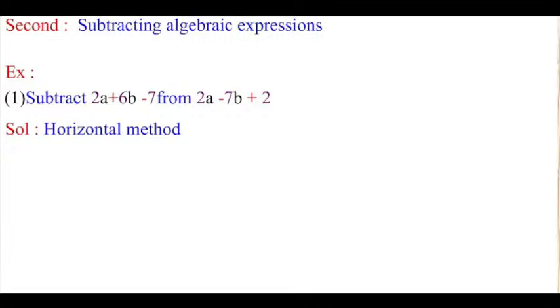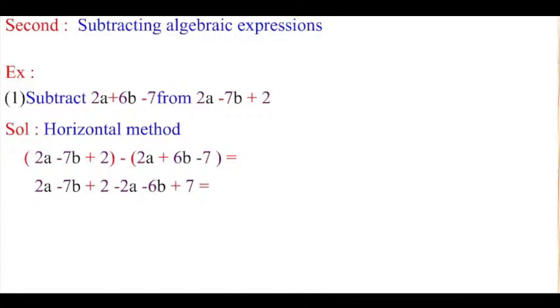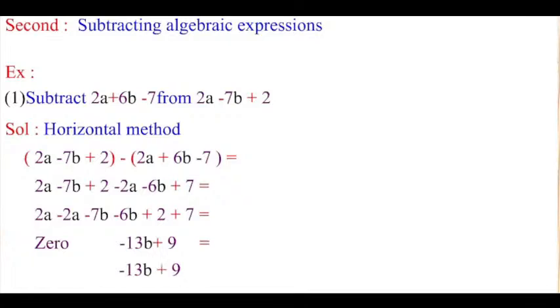Solution, horizontal method. 2a minus 7b plus 2 minus 2a plus 6b minus 7 equals 2a minus 7b plus 2 minus 2a minus 6b plus 7 equals 2a minus 2a minus 7b minus 6b plus 2 plus 7 equals 0 minus 13b plus 9 equals negative 13b plus 9.